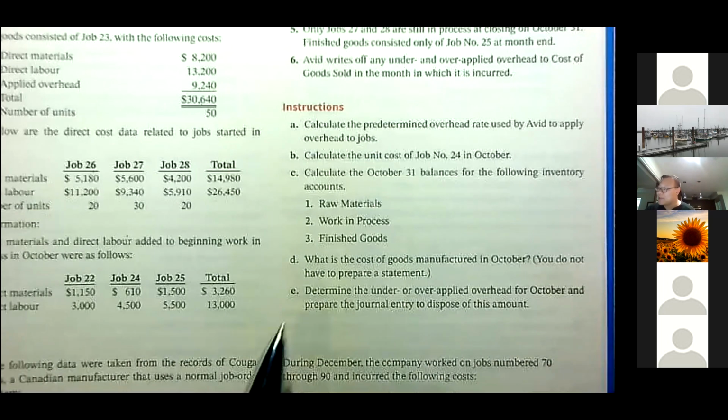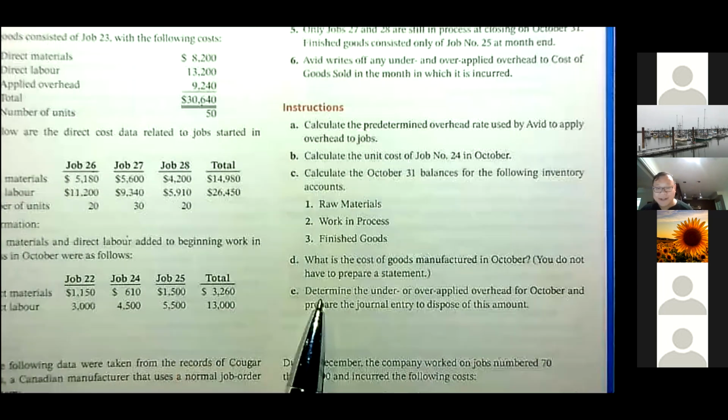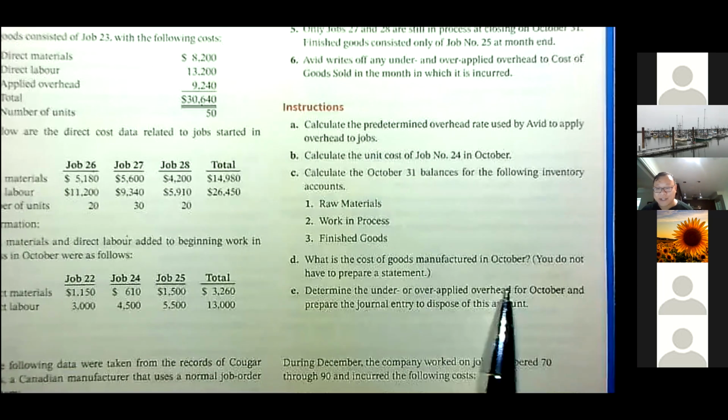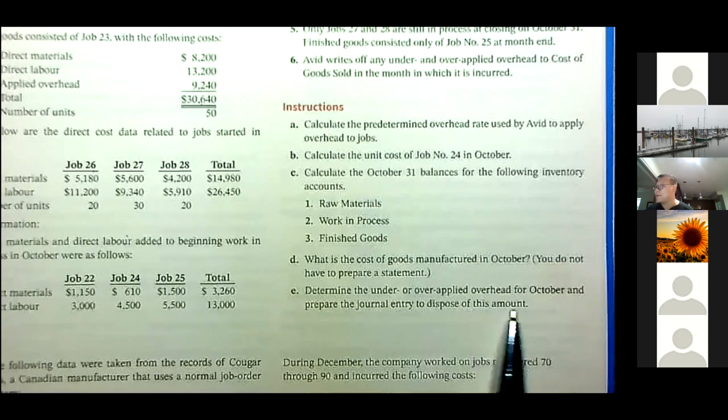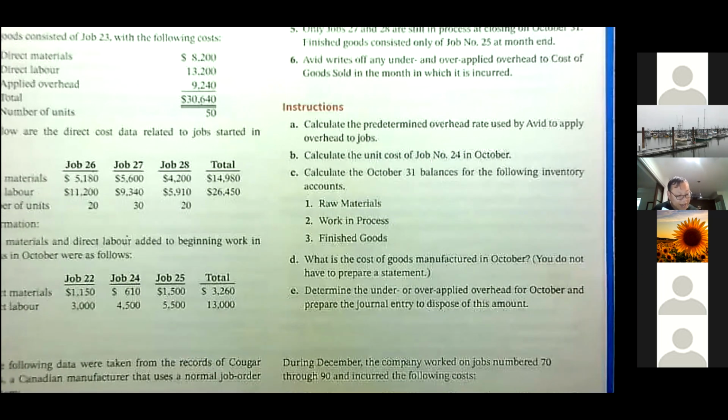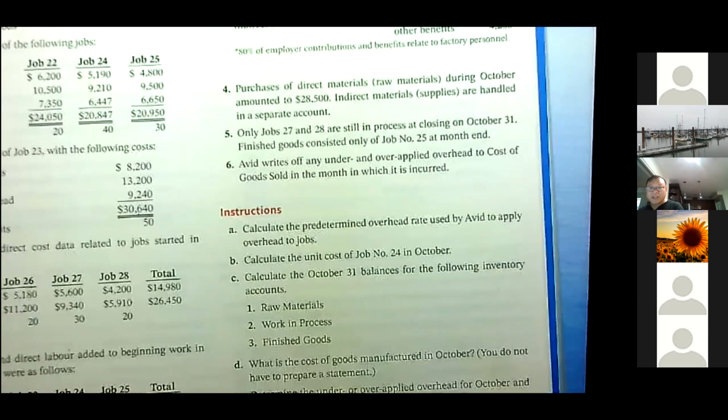So determine the under or over applied overhead for October and prepare the journal entry to disclose this amount. Okay, so then we need to figure out the manufacturing overhead, right? To know that, we had to figure out the actual manufacturing overhead. So what is my actual manufacturing overhead?